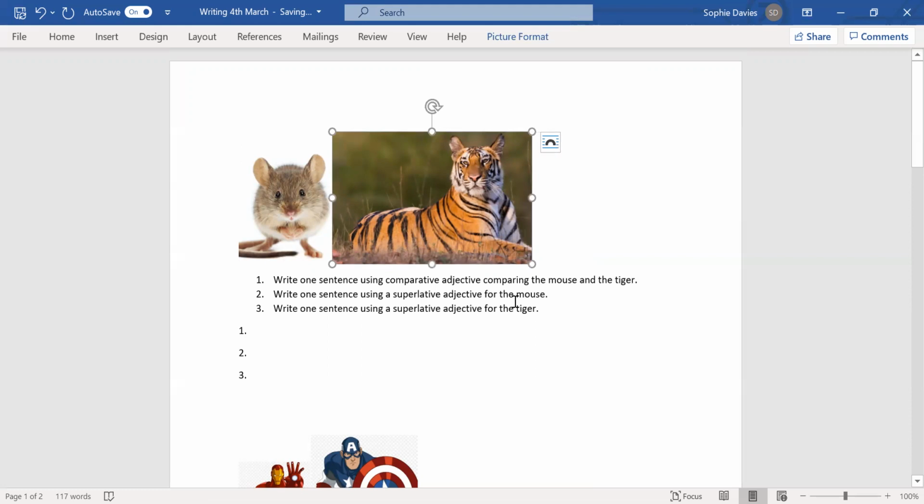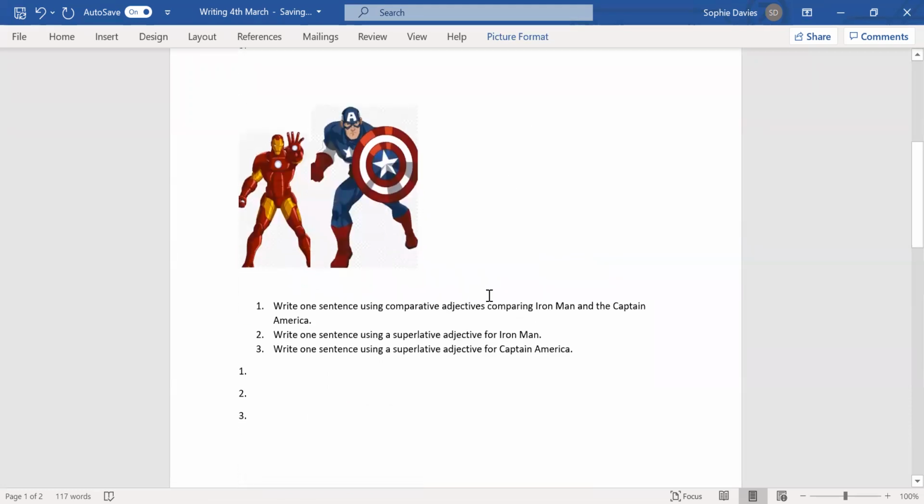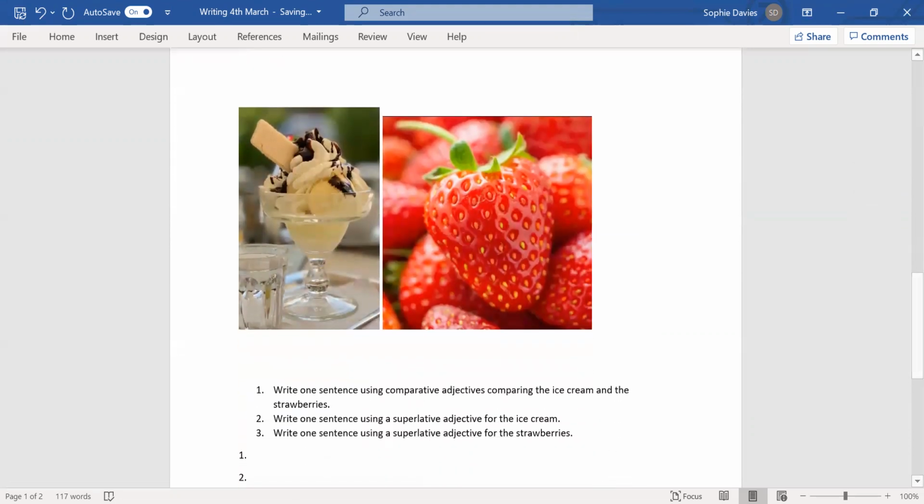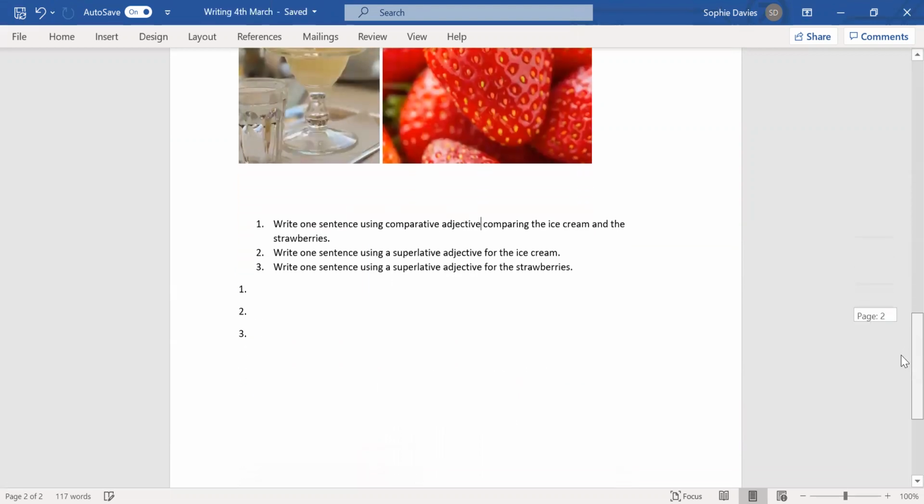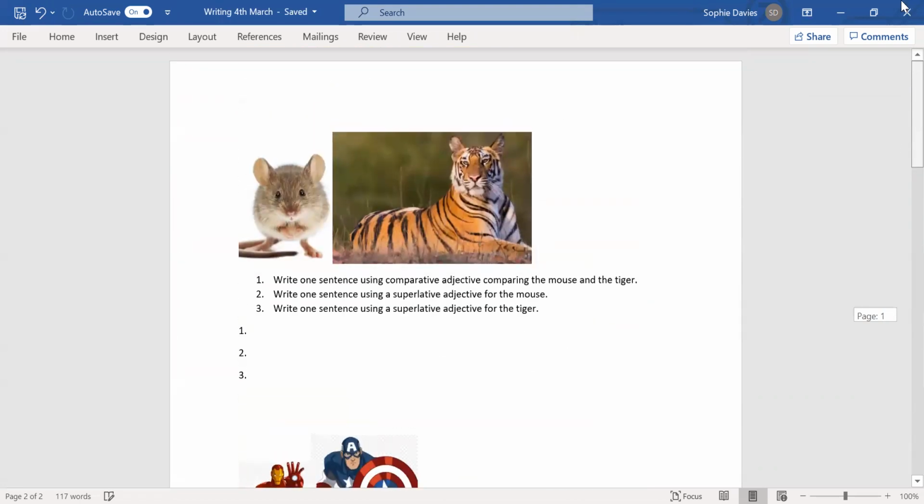And then one superlative adjective for the tiger, okay? Or you might want to do that for Iron Man and Captain America. Or you might want to do that for the ice cream and the strawberry. It is your choice, okay? So we just want to see 3 really good sentences.